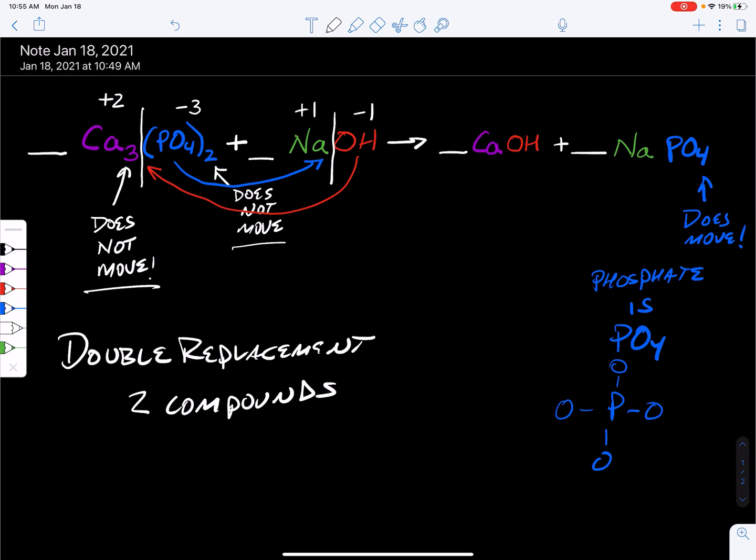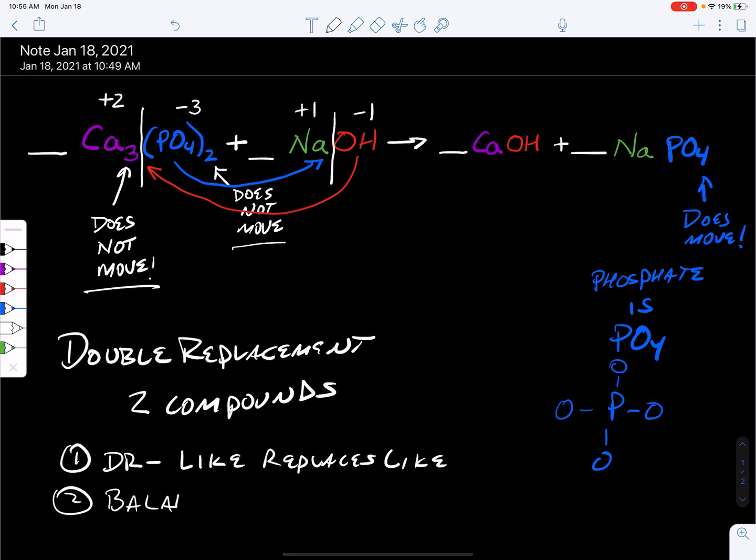My first step is always going to be 1, for double replacement, like replaces like. Step 2 is going to be balance each product formula.